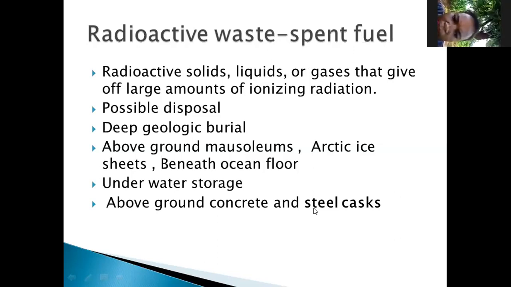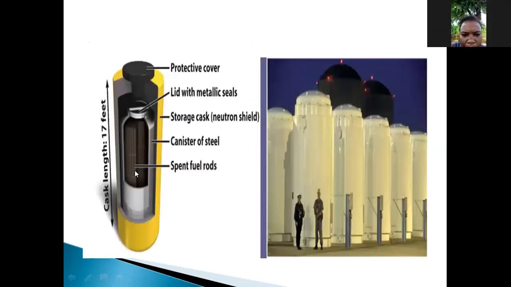The steel cask is shown on the next diagram here, where the spent fuel is hidden deep in there, and surrounding it is what you call a canister of steel. From your physics, you know that the strongest rays, especially the gamma rays, cannot penetrate steel or concrete, so they can be contained, and therefore this way it can be disposed of safely, and it cannot leak and cause harm to the environment.